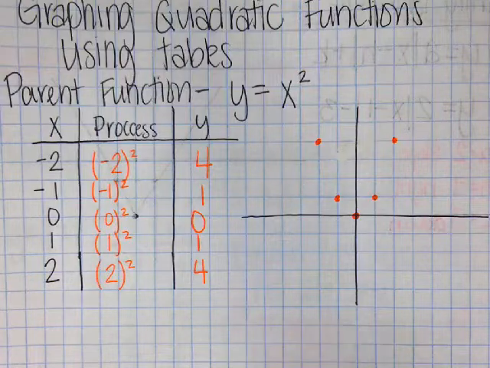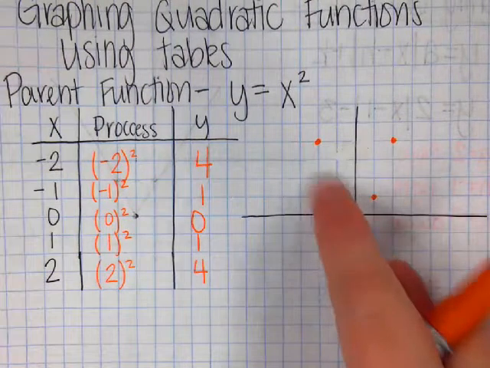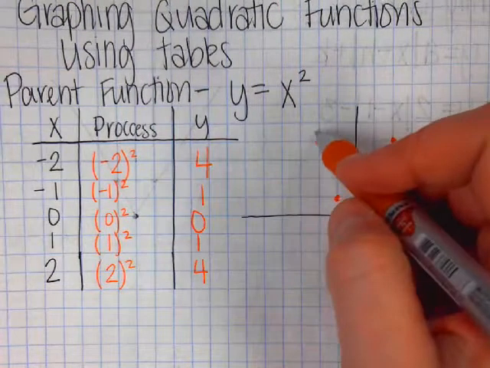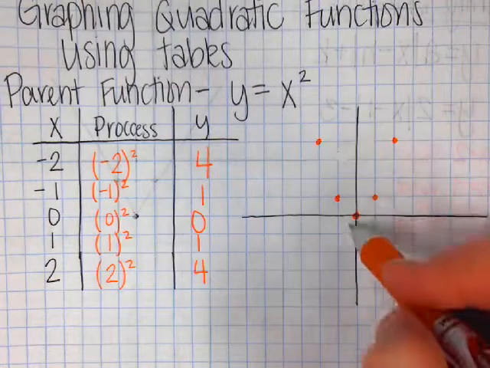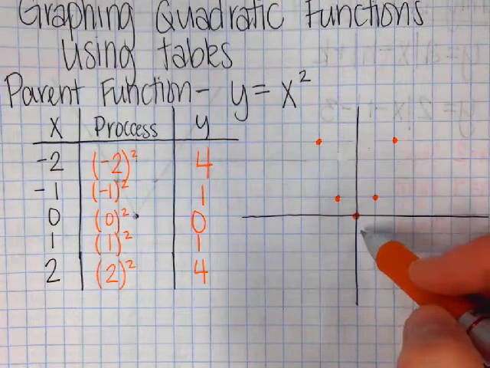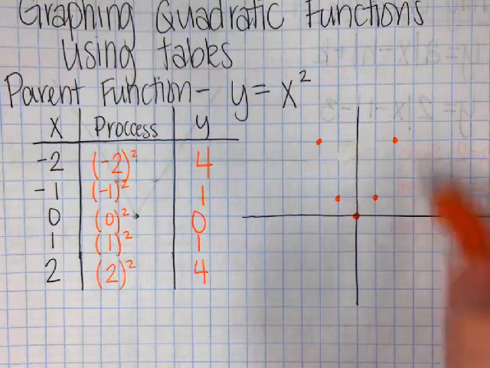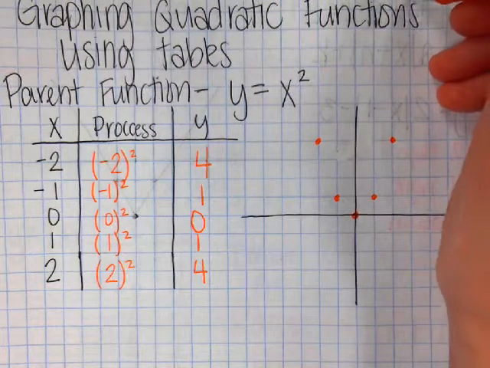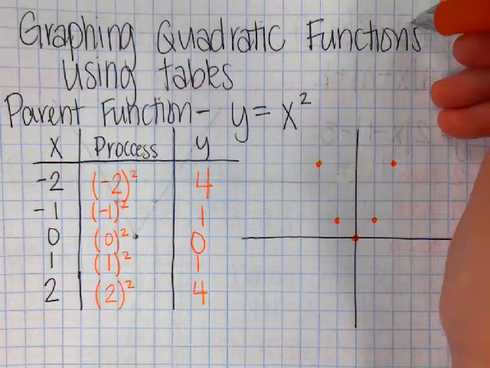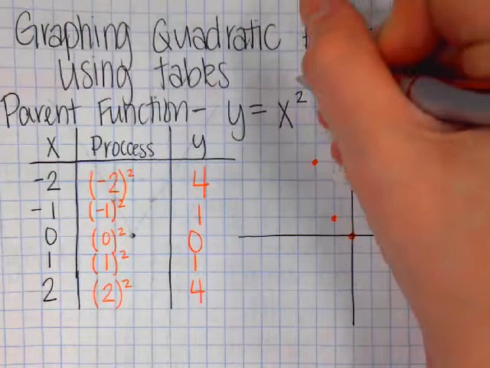Now, every year I always have somebody ask, that almost looks like a V. Yeah, if you drew a straight line through that, just using these 5 points, it would almost look like a V. But if I went to the next one, remember 3 squared would be 9, so it would be way up here. It wouldn't make a V anymore. It would make more of a U.